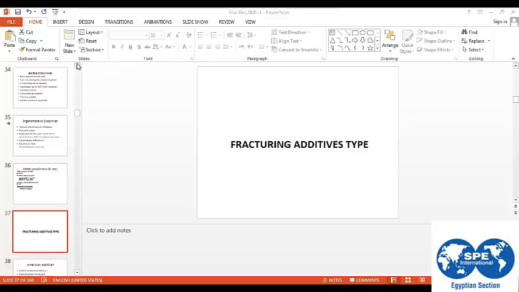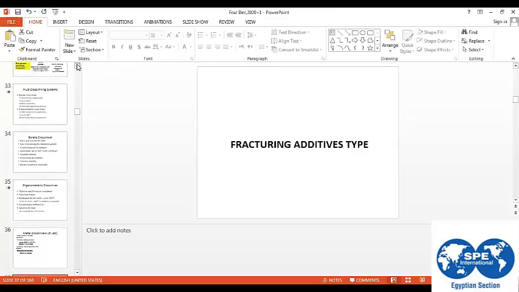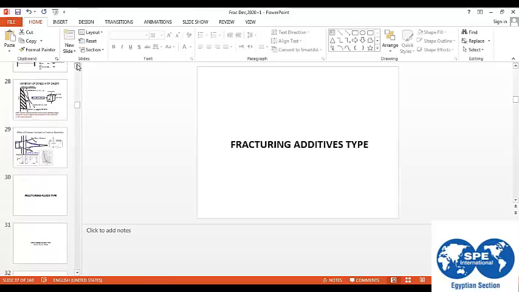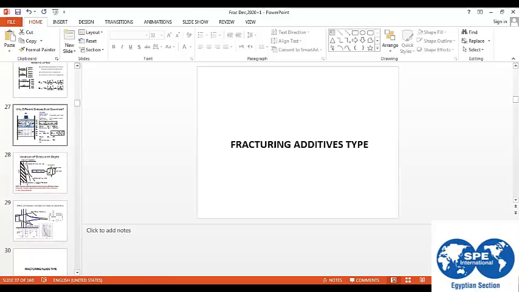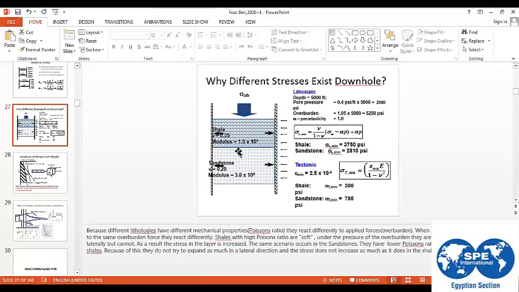As we explained in this slide, Poisson ratio affects the rock stress. We have this example that we explained here with Poisson ratio and Young's modulus, with two different types of rocks, like shale and sandstone.